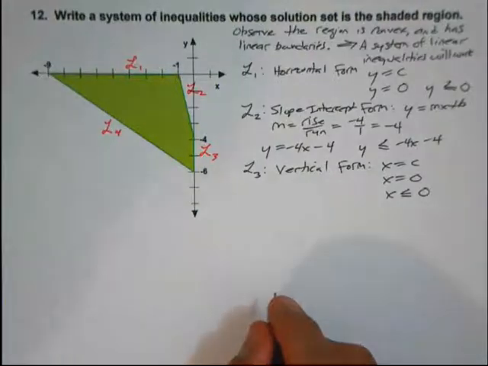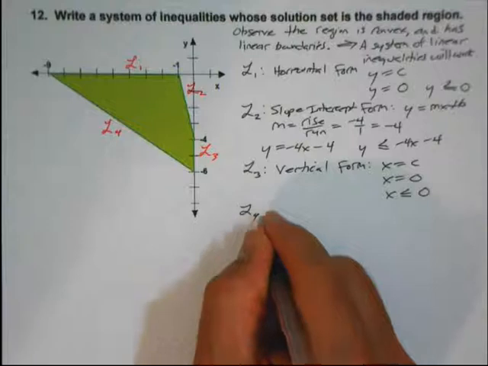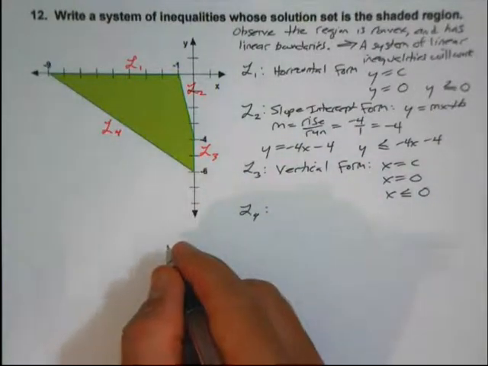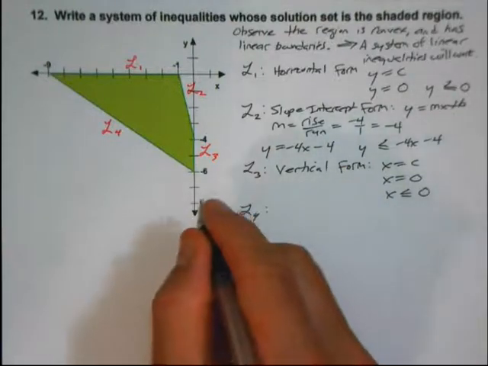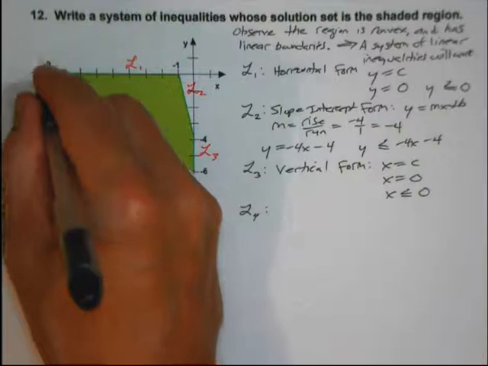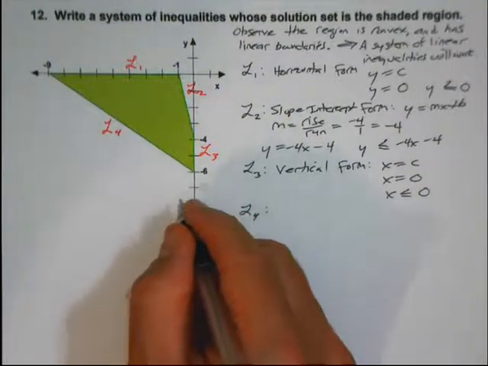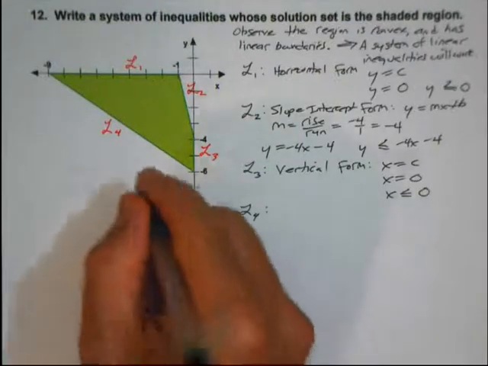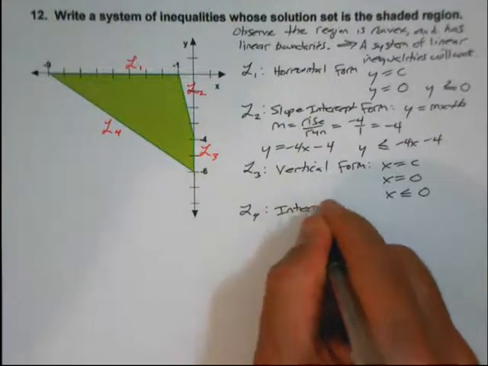Okay, let's go on to L4. Get the inequality whose boundary line is L4. For the sake of variety, this time the information could be used in one of two forms, very conveniently, either intercept form or slope-intercept form. Let's try using the intercept form for variety.